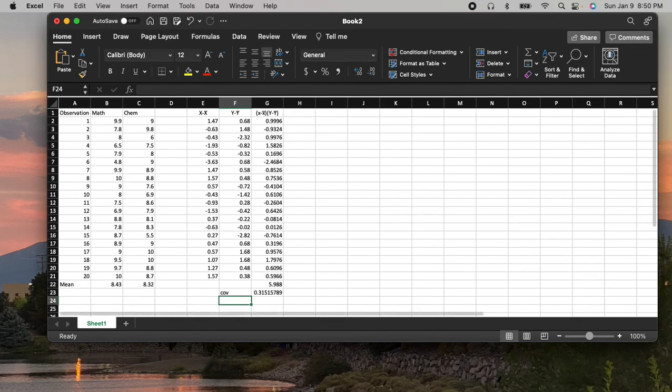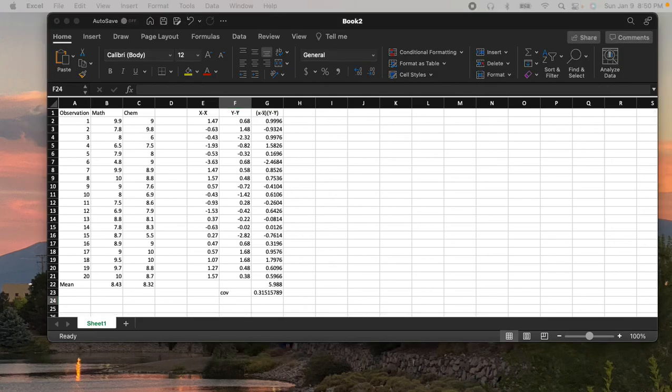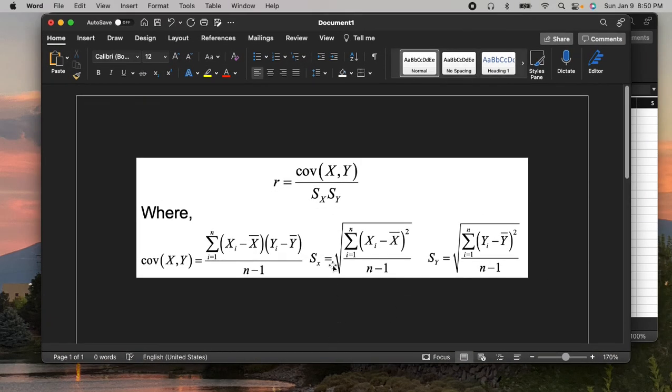Okay, now looking at our formula, let's go back to it. We need to find the standard deviation for x and the standard deviation for y. And here is our formula: it's the sum of x minus x bar squared, divided by n minus 1.